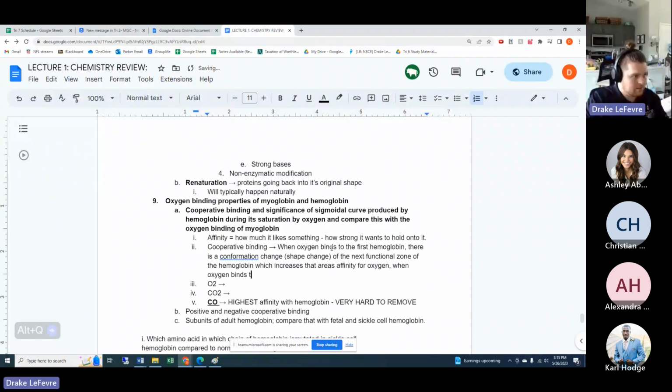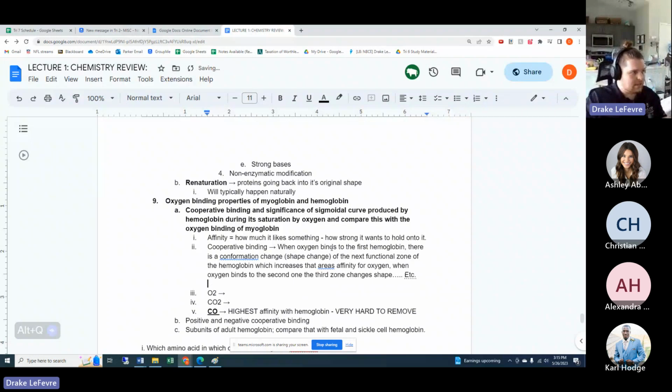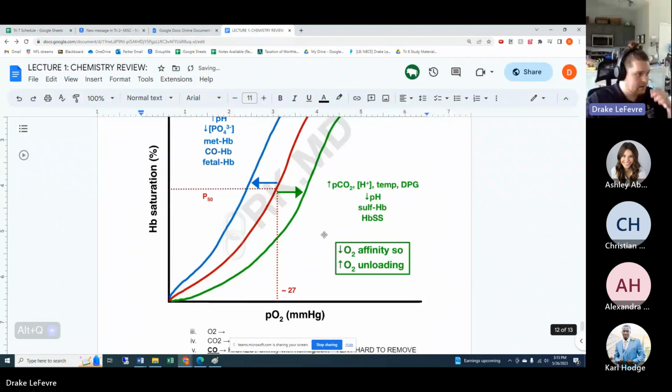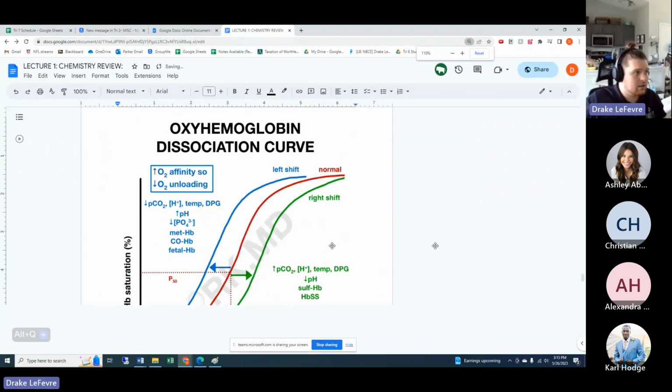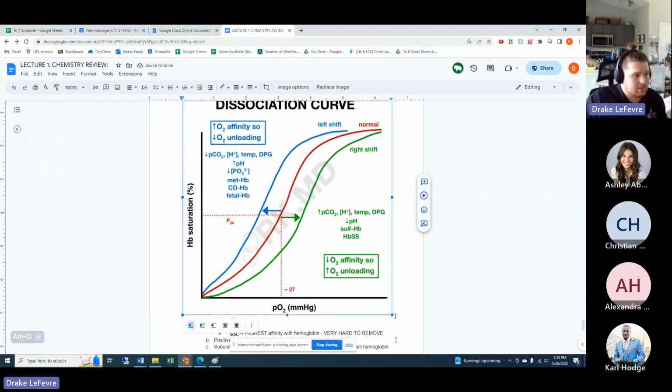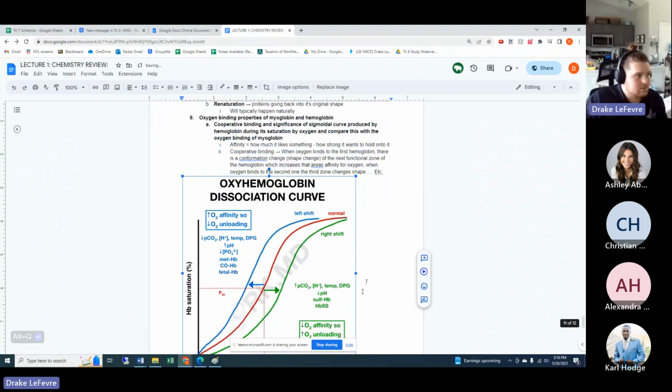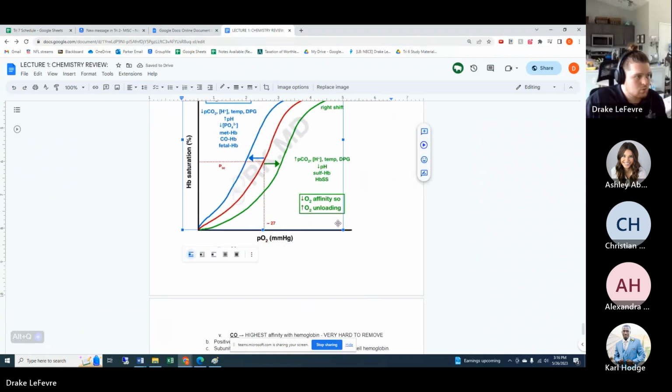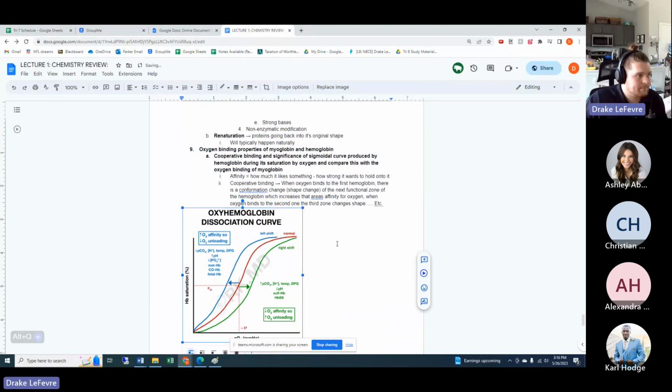Oxygen binds the second one, the third zone changes shape, etc. And that's where we get this curve right here, an oxyhemoglobin dissociation curve.